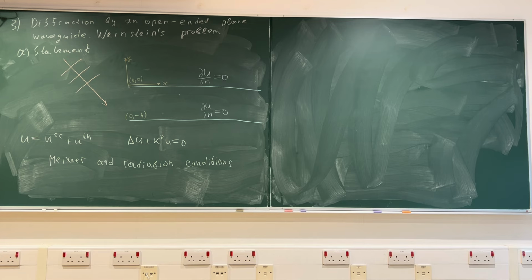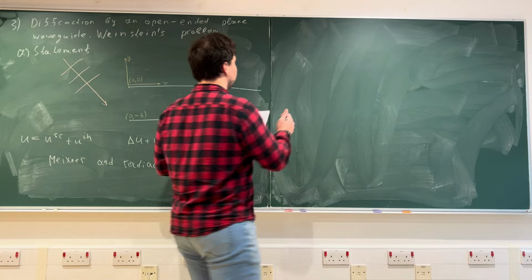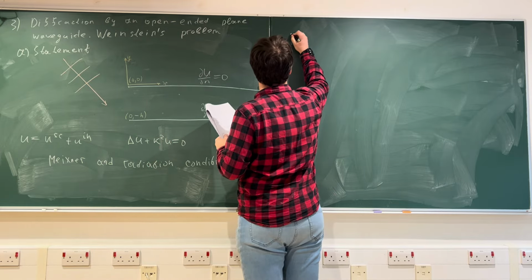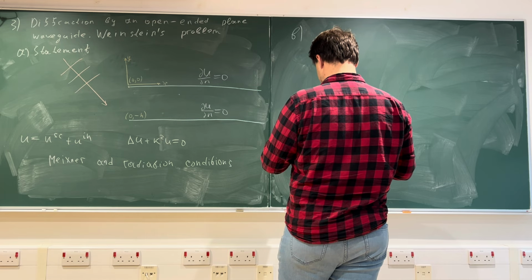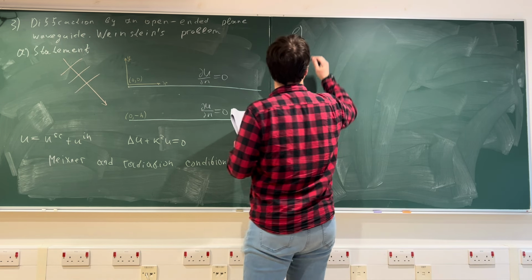And I hope you remember how I did it for the half-plane problem. I used Green's theorem, Green's identity. Do you remember it? At some level. Good. I will omit some bits, but you will tell me whether you understand what's happening, and then we will discuss them if not.